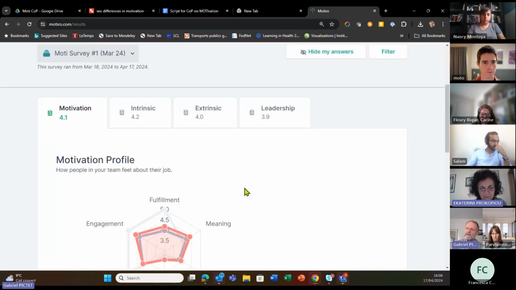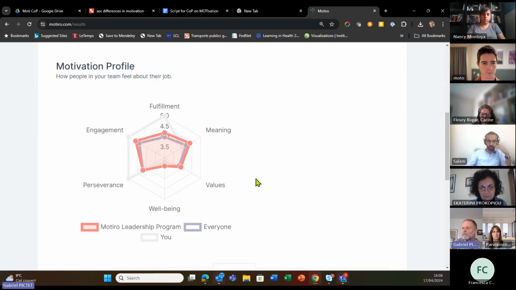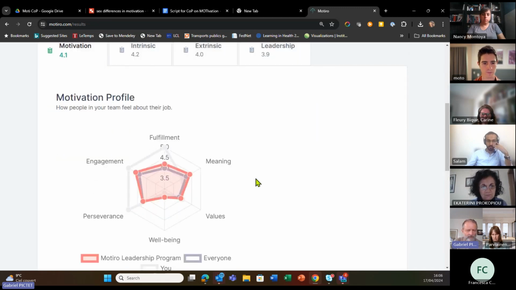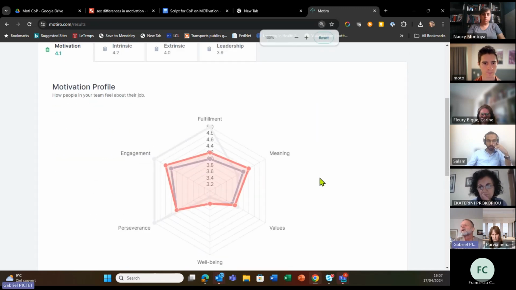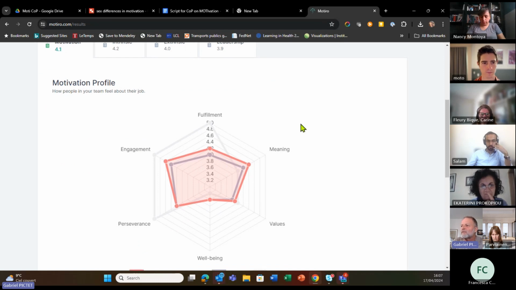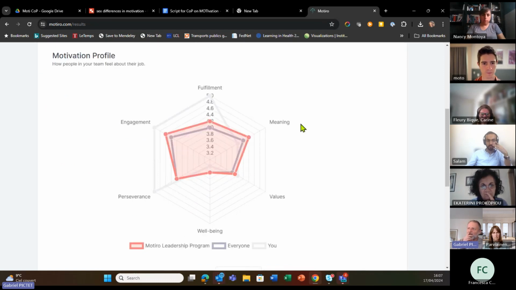So the dashboard is organized around the 4 blocks of self-determination theory. As you probably remember, we understand motivation as an outcome, as a result of a whole bunch of different things. And so here we see the different types of motivational outcomes.